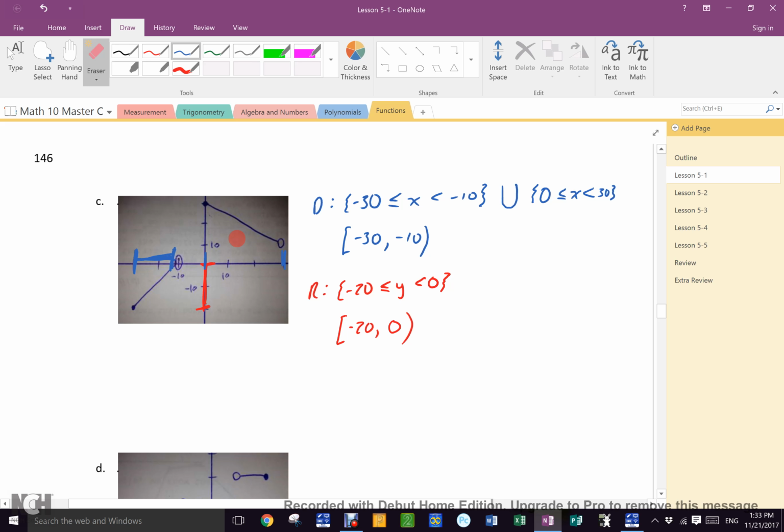So I look at the first dot. No, we're doing domain. We're doing domain only, Riley. It's frustrating, isn't it? X. Go here. This is 0. This is 10.